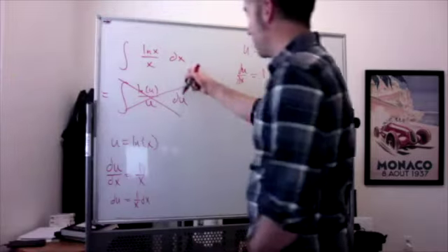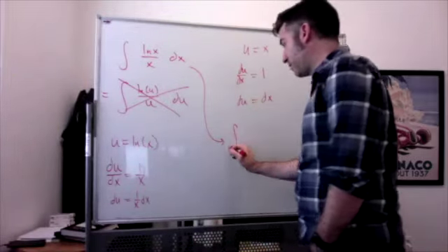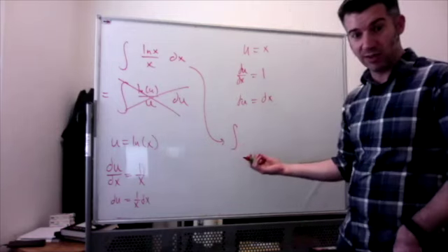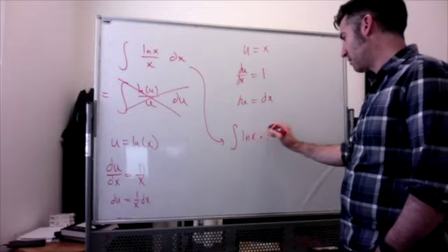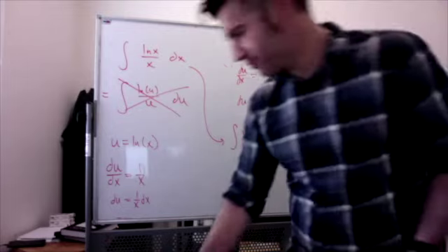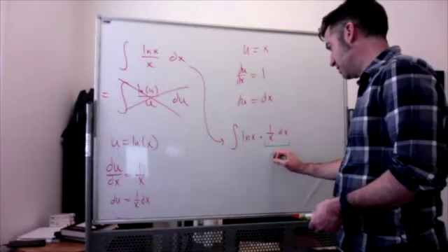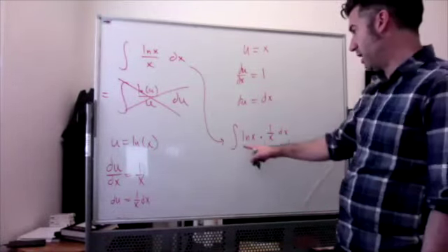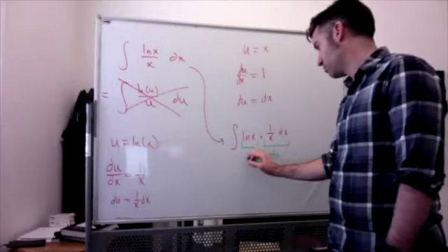And then we're going to rewrite our integral. I'm first going to break it up so it's easier to see what I want. I'm going to write it as the natural log of x times 1 over x dx. And then my 1 over x dx, that's my du. And then natural log of x, that's what I said u was equal to.